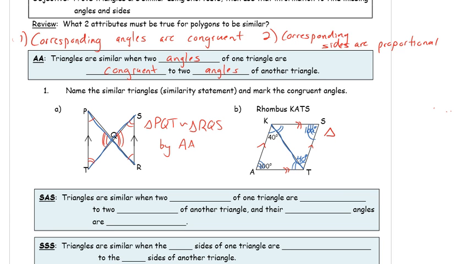So we could go ahead and say that triangle KTA is similar to triangle, and now you have to be careful again. K has one arc, so it has to go with T for your other arc, and then we went from K to T to two arcs, so T to K, and then A has to go with S. And again, that's by angle angle. So you just have to be really careful as you go through and match those up. So that's angle angle.